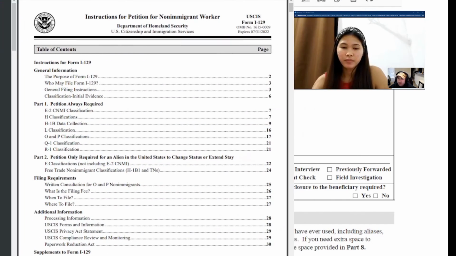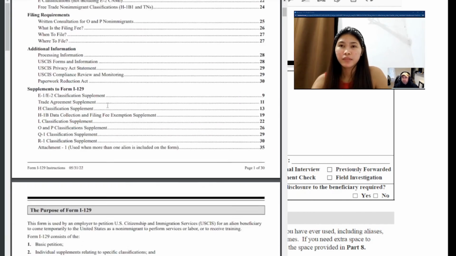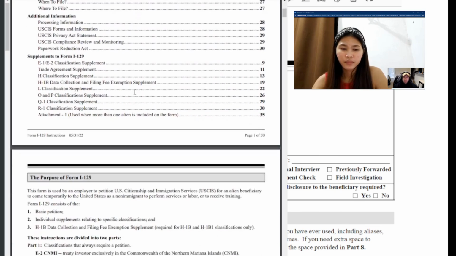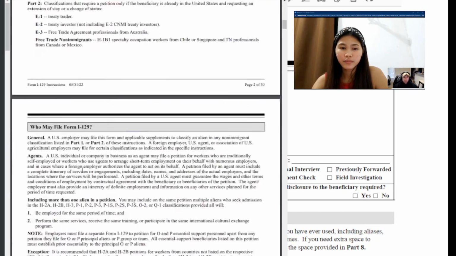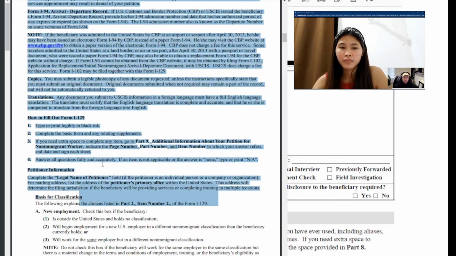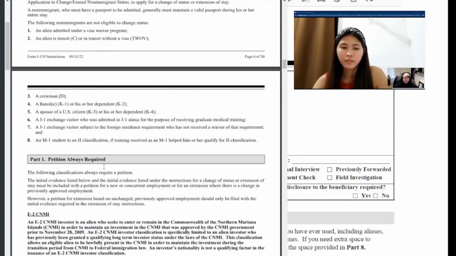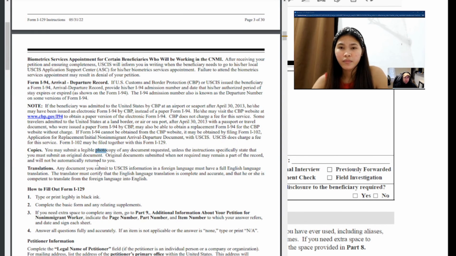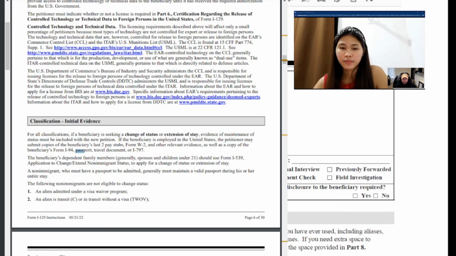I'm just gonna blow it up here a second. This is the instructions for the petition, the I-129F. It goes over every single line item of what we did, and then it goes into in-depth explanations of what you need. And then if you were to go to photo, it'll show you what copies you need to make, and it'll tell you all about your passports.